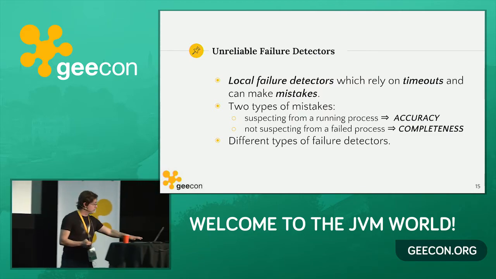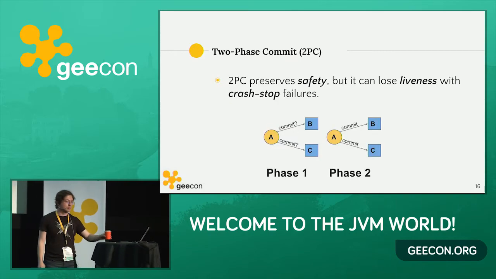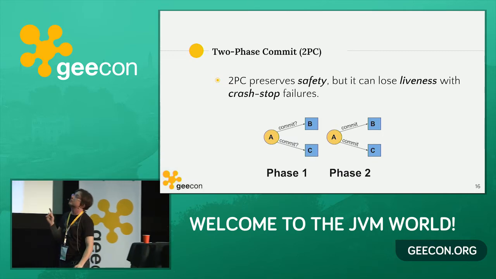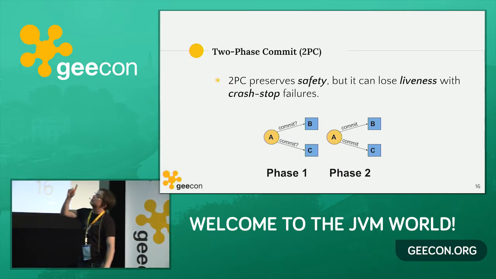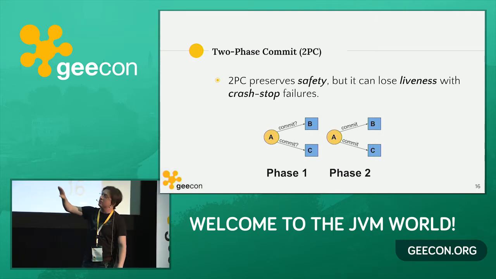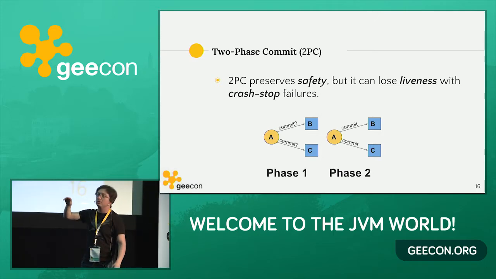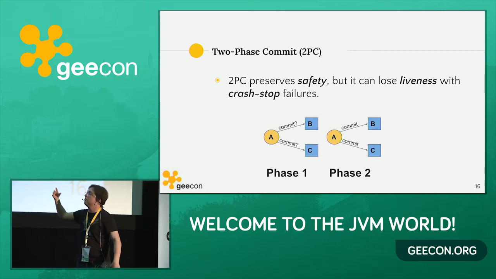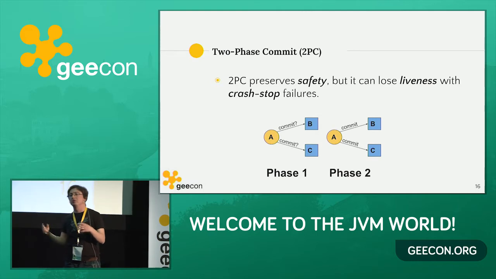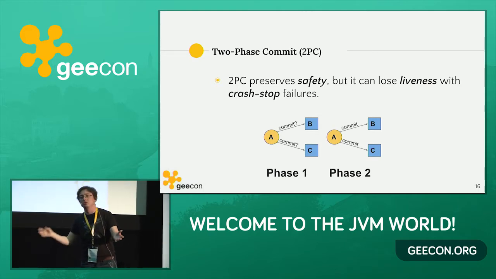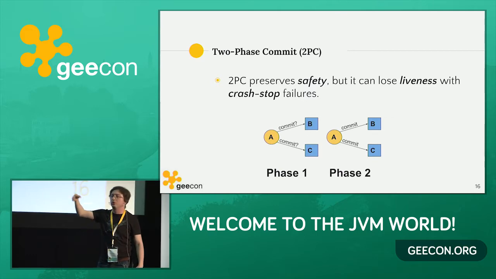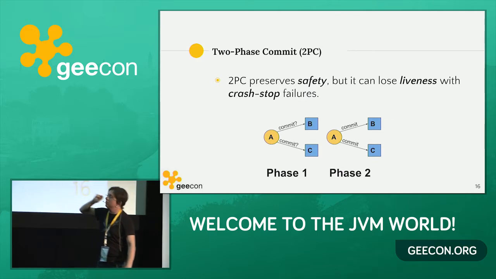So let's talk about some consensus algorithms. I will start with the two-phase commit. As its name implies, it consists of two phases. In the first phase, a transaction manager or a coordinator asks for the votes of the participants. If everyone votes yes, it means everyone can commit the distributed transaction. So in the second phase, it sends the commit message. If any of them votes no, it will send the rollback message.